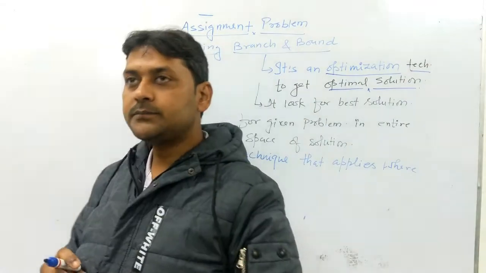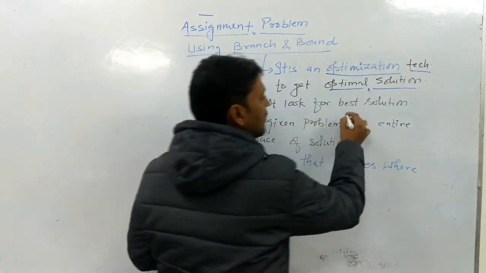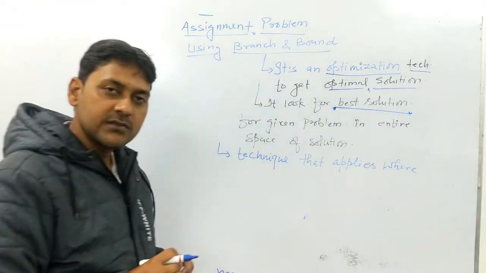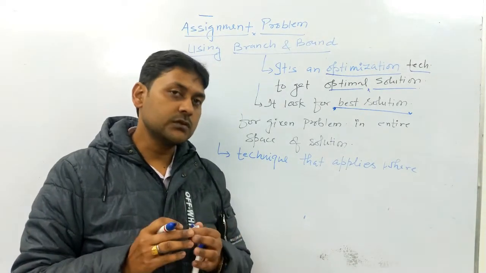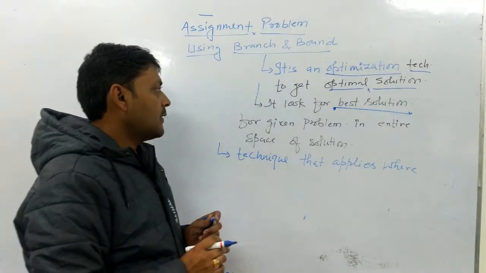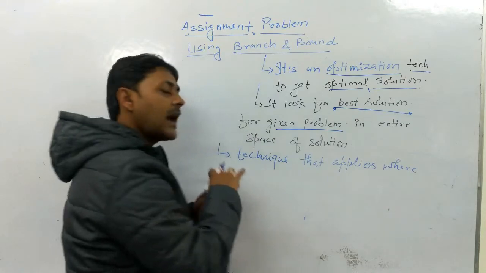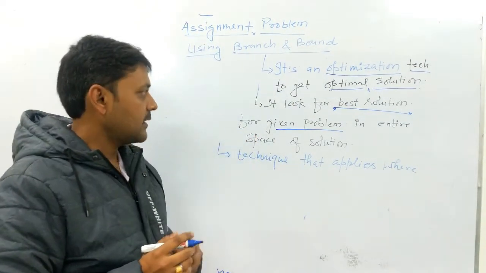In the next point, it looks for only the best solution. That means it may produce more than one solution, but we have to choose one of the best solutions. So we look for the best solution for a given problem in the entire space of solutions.